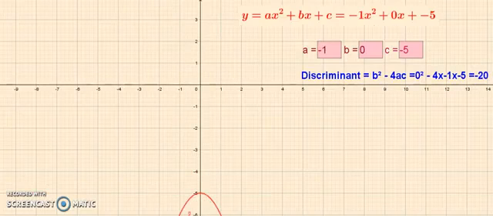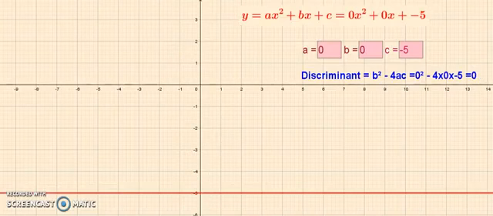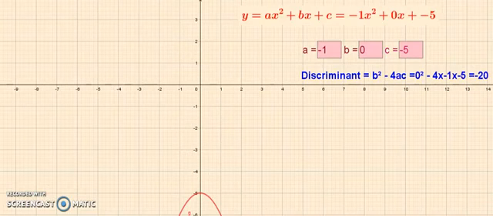You can observe, children, now the graph is downwards. It is in the third and fourth quadrants. And it is open downwards, and the curve is not intersecting the x-axis, and you can observe that the value of the discriminant is minus 20, that is negative.